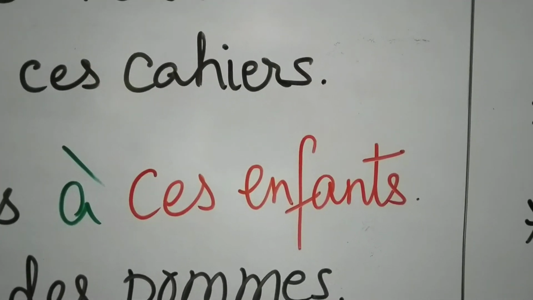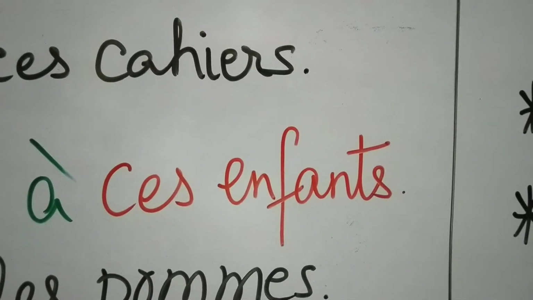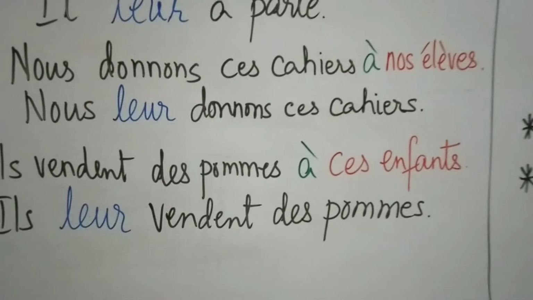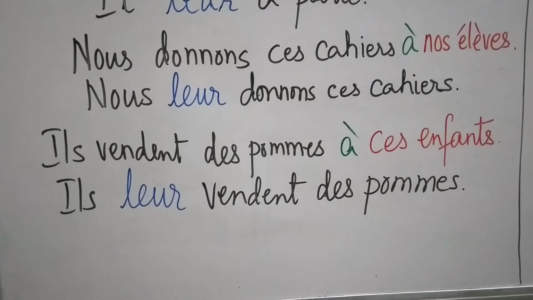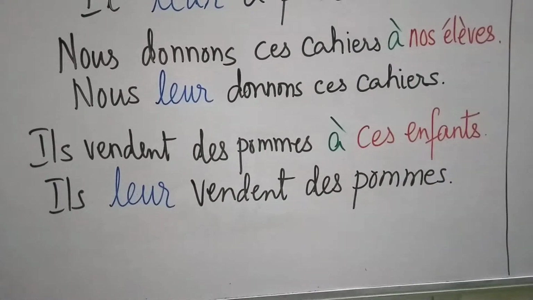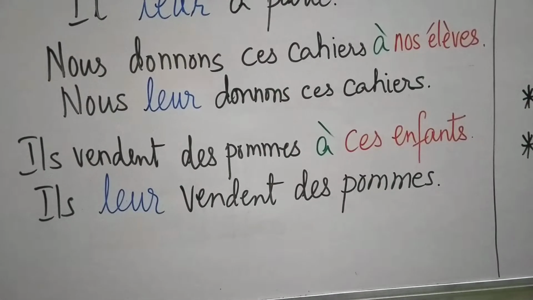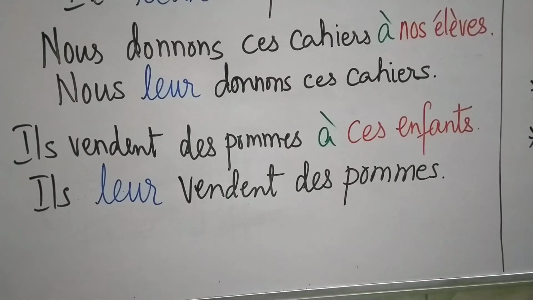So all these three words will be replaced by leur because the noun is in the plural form. So all plural nouns will be replaced by leur. So, ils leur vendent des pommes. Leur is used before vendent because vendent is the verb. The indirect complementary pronoun is always used in front of verbs. So they sell some apples to them.